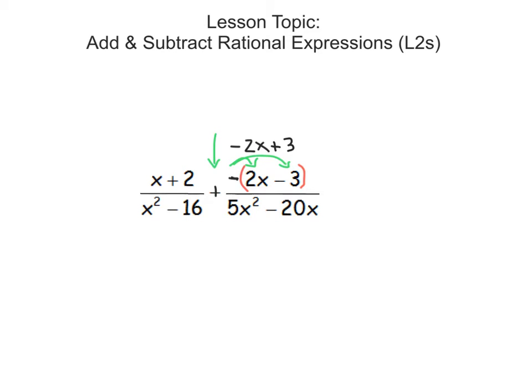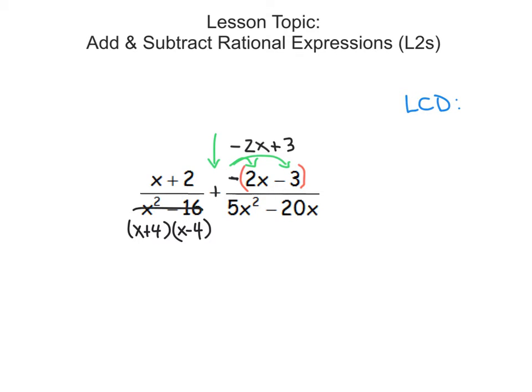Remember, when doing addition or subtraction of fractions, it is so important that we need an LCD, a least common denominator. So I'm going to remember that the first step in finding my LCD is to factor each denominator. Our first denominator is a difference of squares, x squared minus 16. So I know that this factors into x plus 4, x minus 4.